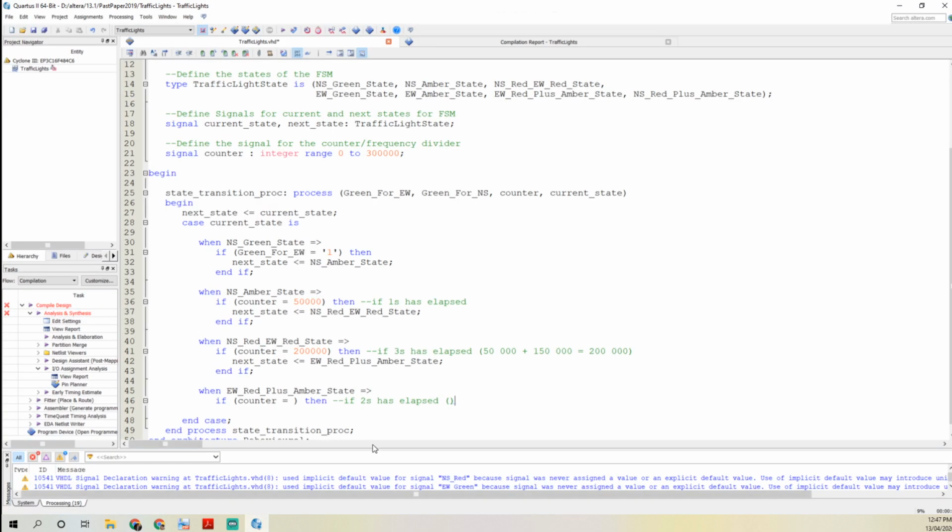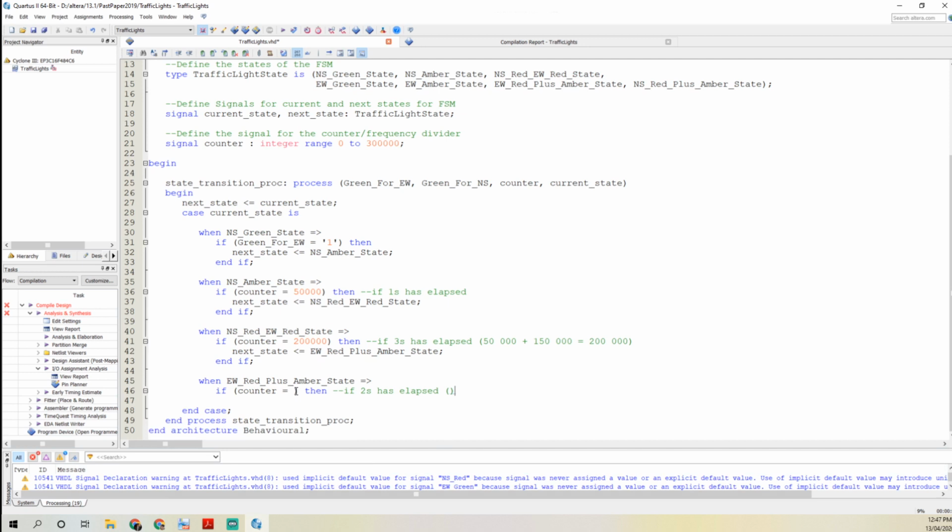So I now need to look at my counter value being equal to 200,000 from before, its previous value, plus an additional 100,000, right, to determine if 2 more seconds have elapsed.